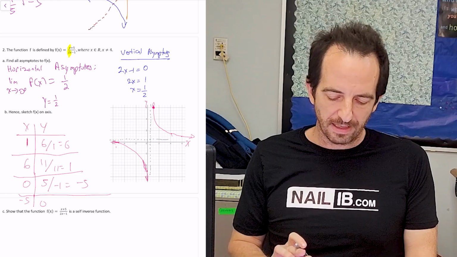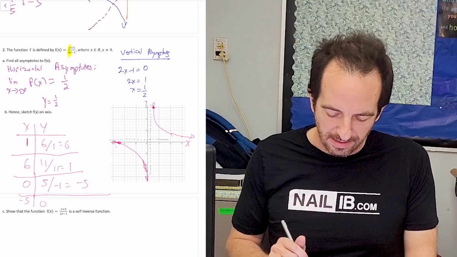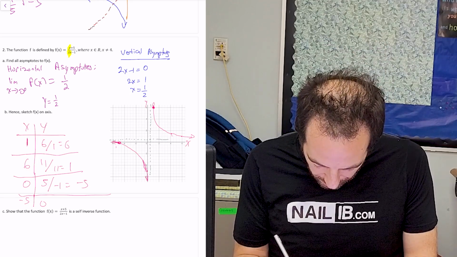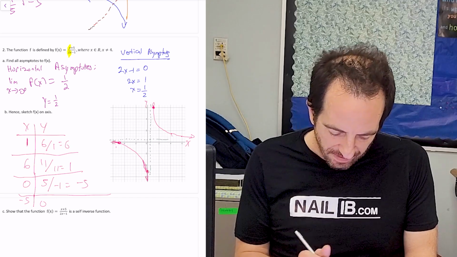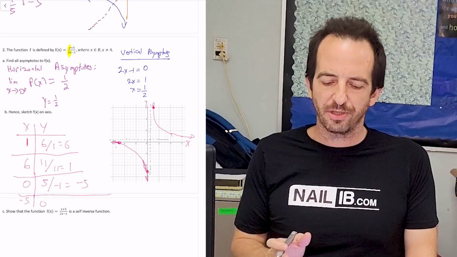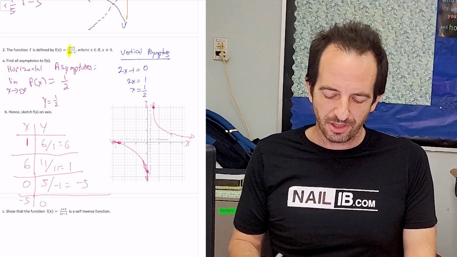So that will be the sketch. Make sure that you clearly get the intercepts, the x-axis and the y-axis, which was 0, negative 5, and also negative 5, 0. And also make sure that it has the basic shape, the curve like we see there, and not touching the asymptotes.